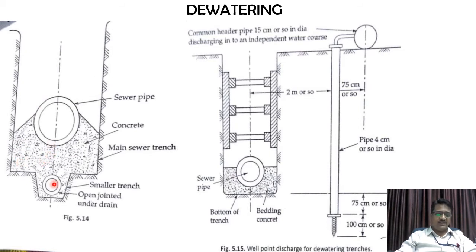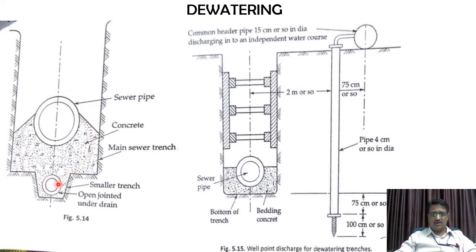Beneath that we can prepare a small trench and have a perforated pipe, so that the water stored in the upper part can be taken into this smaller pipe and taken out to the disposal point. By providing a pipeline for the groundwater to move in, we can dewater the entire trench.